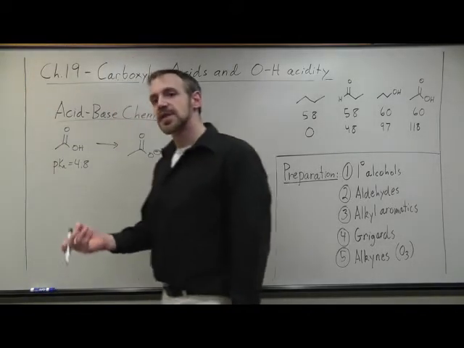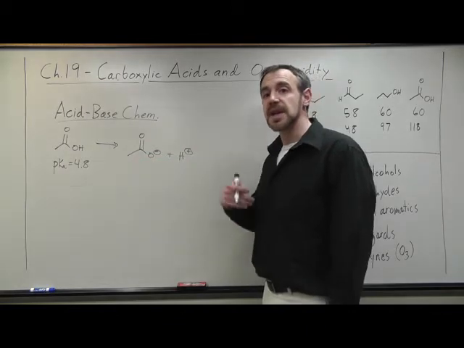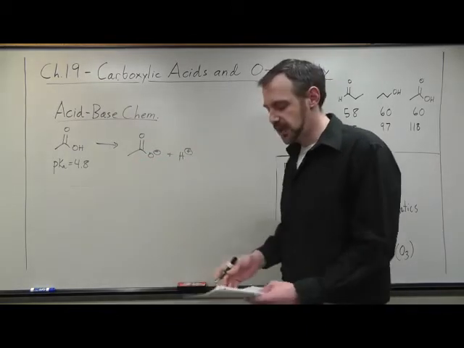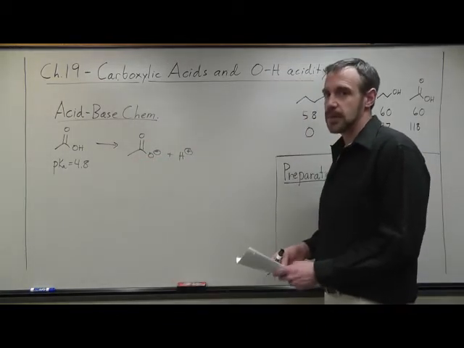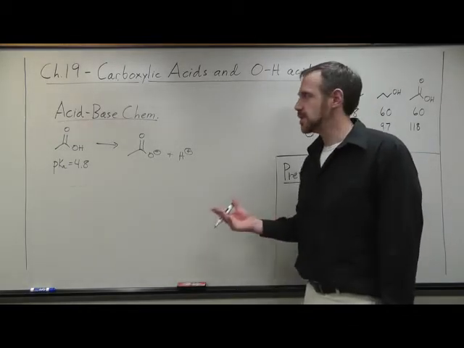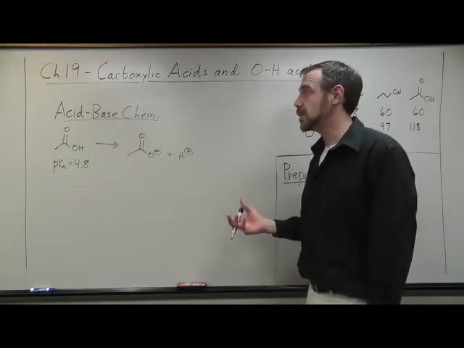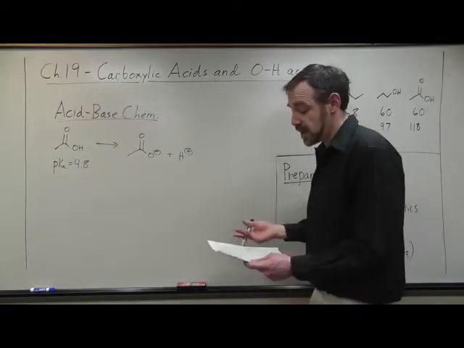Carboxylic acids are acidic because the anion that's formed once they donate H+ is resonance stabilized. And this is something we went over in the first semester in the chapter on acids and bases. Resonance stabilization is a huge stabilizing force for anions and cations.